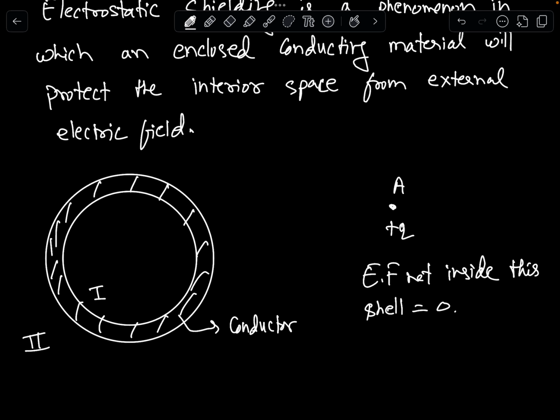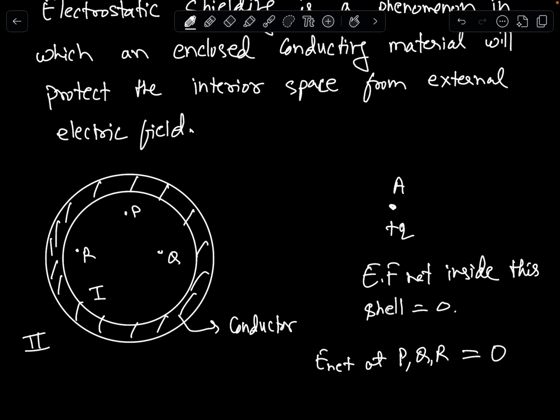That means at all the points, if I mark point P, point Q, point R, everywhere the net electric field will be equal to 0.